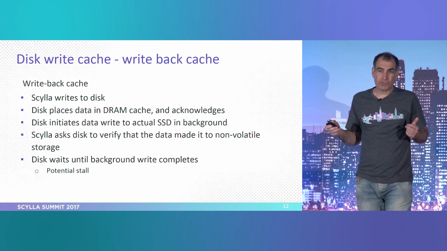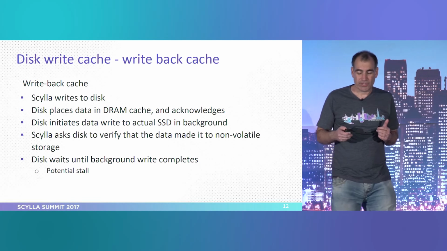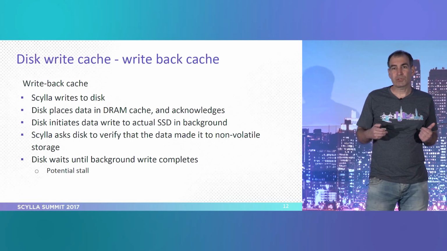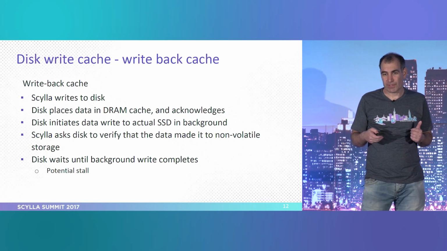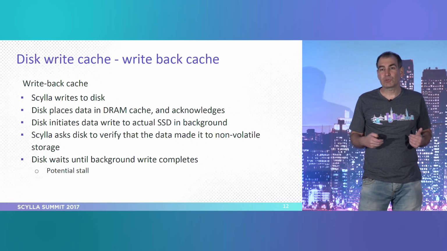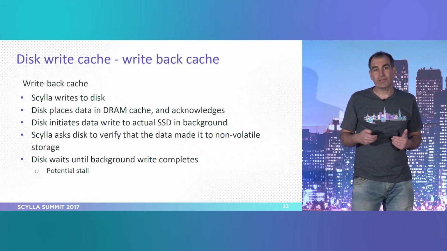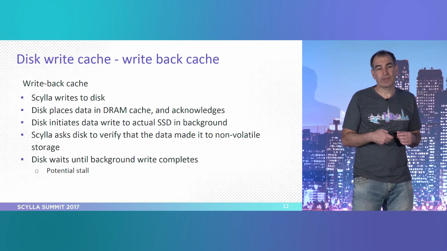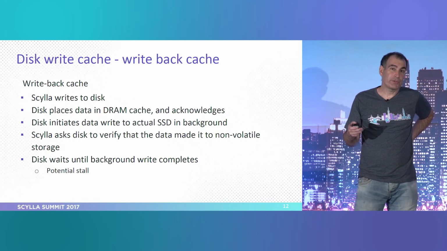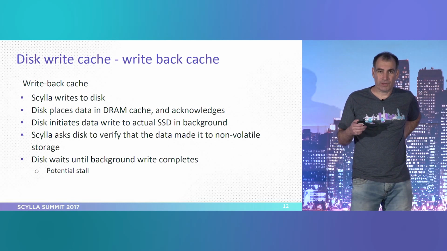But everyone knows that, so it's not surprising. We just continue on writing, and we know that there may be some data that is in the disk cache. The disk will try in the background to write the data to the media, either a spinning disk or the flash cells, but there is no guarantee that it will arrive there in time.